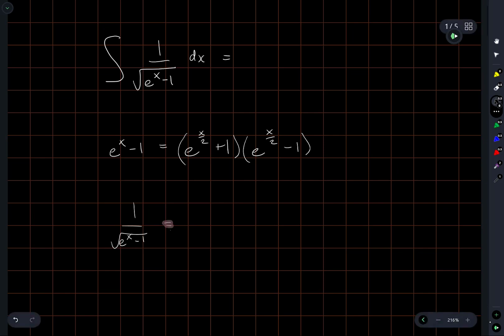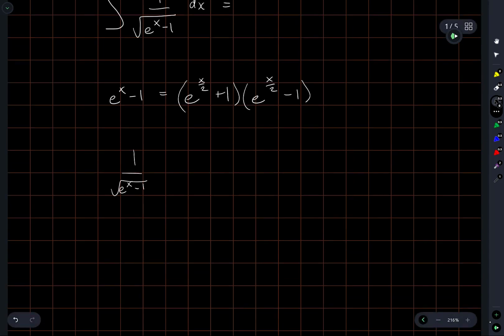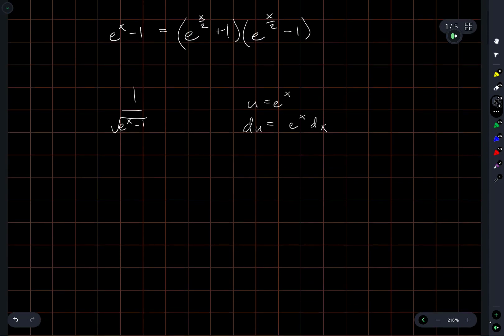Well, what if I just do the substitution u equals e to the x? It's not going to be a straightforward substitution because we're missing another exponential in the integrand. But we could say that du is equal to u dx.